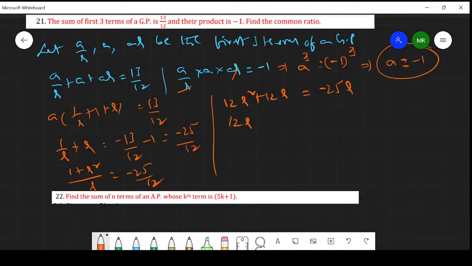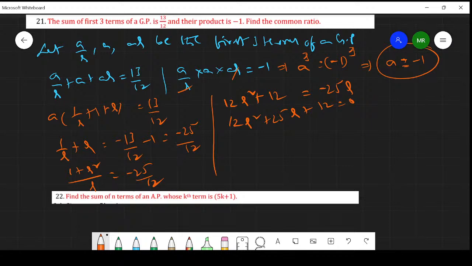Be careful here. Transfer one side: 12R square plus 25R plus 12 equal to 0. Correct? You can check that.